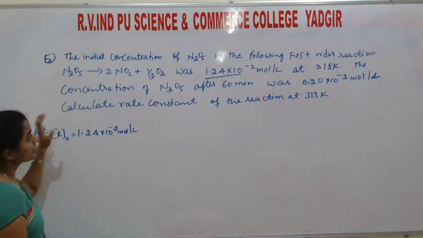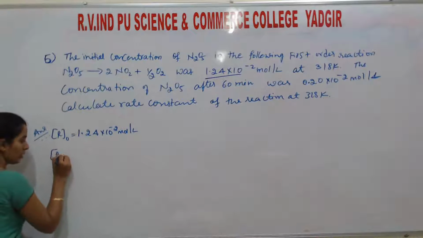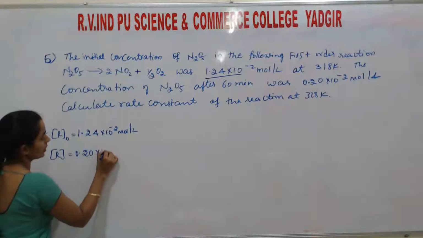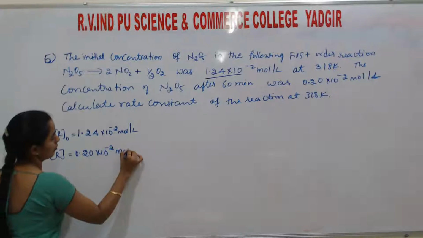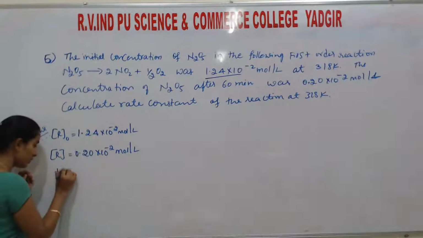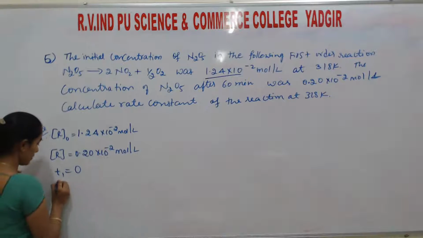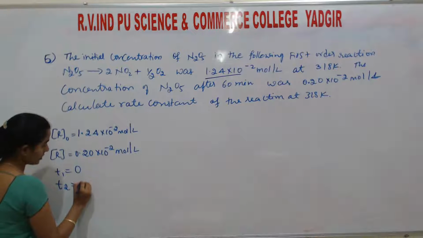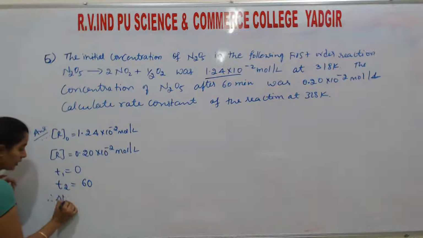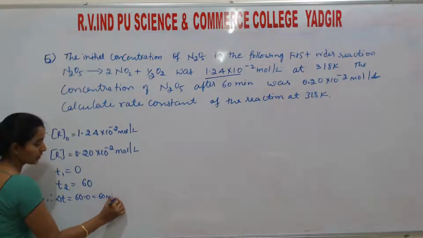Next, the concentration of N2O5 after 60 minutes was 0.20 into 10 to the power of minus 2 mole per liter. Again, they gave the initial concentration at time t equal to 0. Next, after 60 minutes, T2 is equal to 60. Therefore, delta T is equal to 60 minus 0, that is 60 minutes.